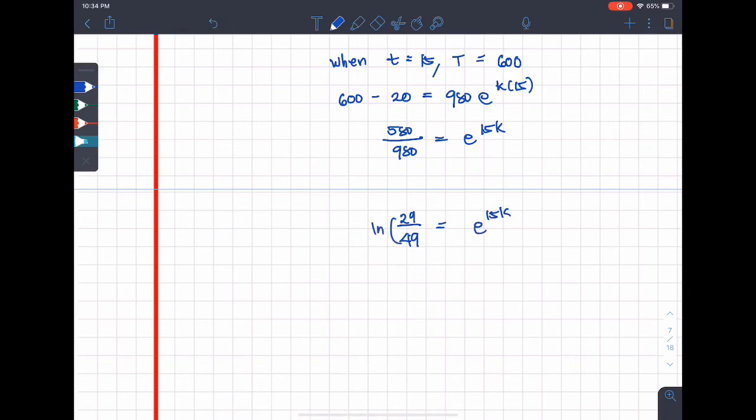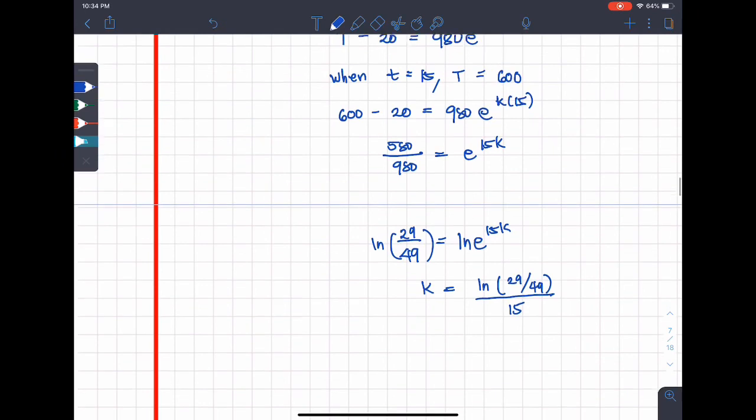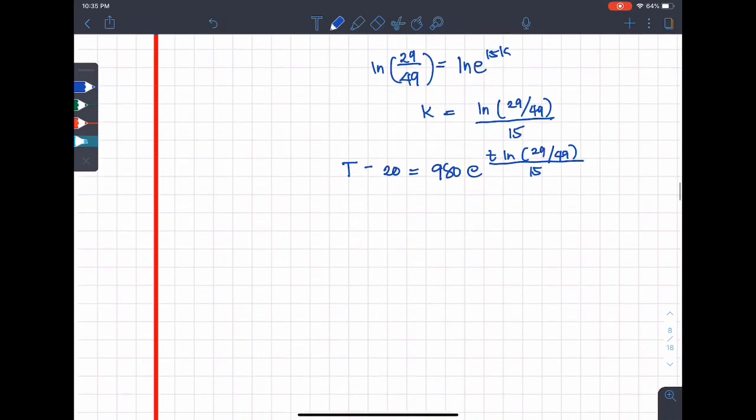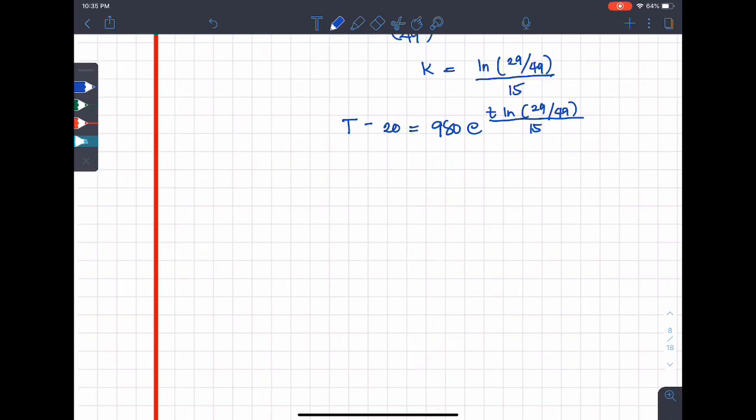So taking the logarithm of both sides, giving us k to be equivalent to ln of 29 over 49 divided by 15. And thus forming our equation to be T minus 20 is equal to 980 e raised to t times ln of 29 over 49 divided by 15. So that is our final working equation.